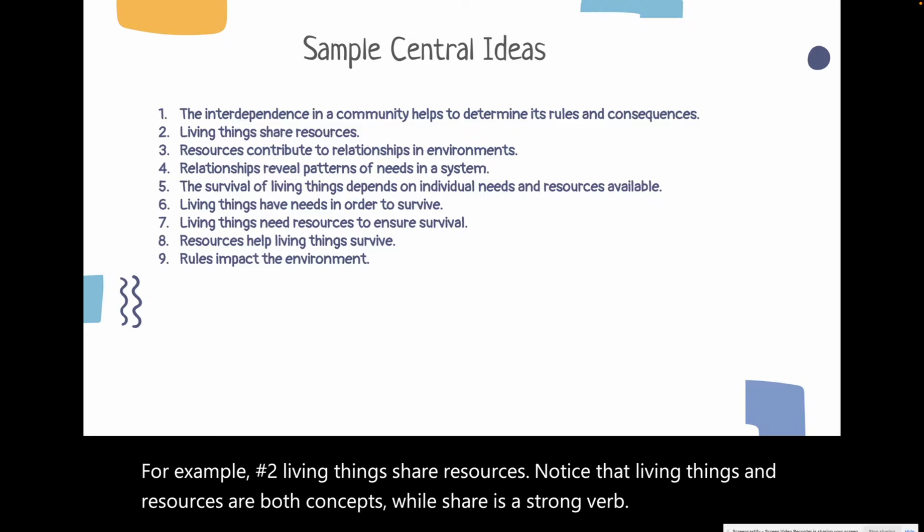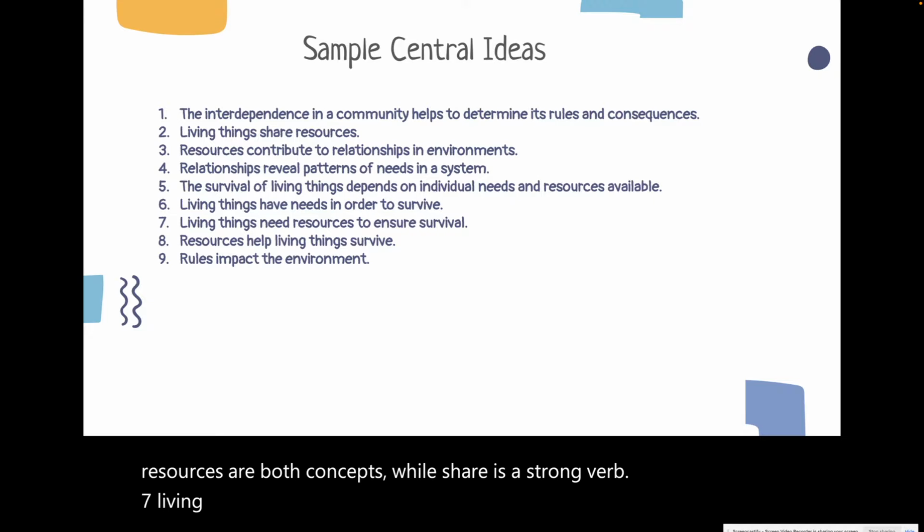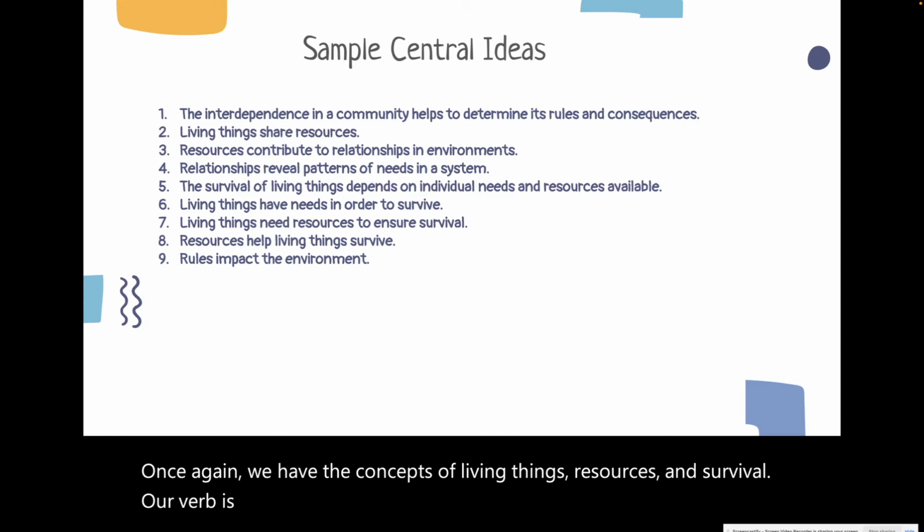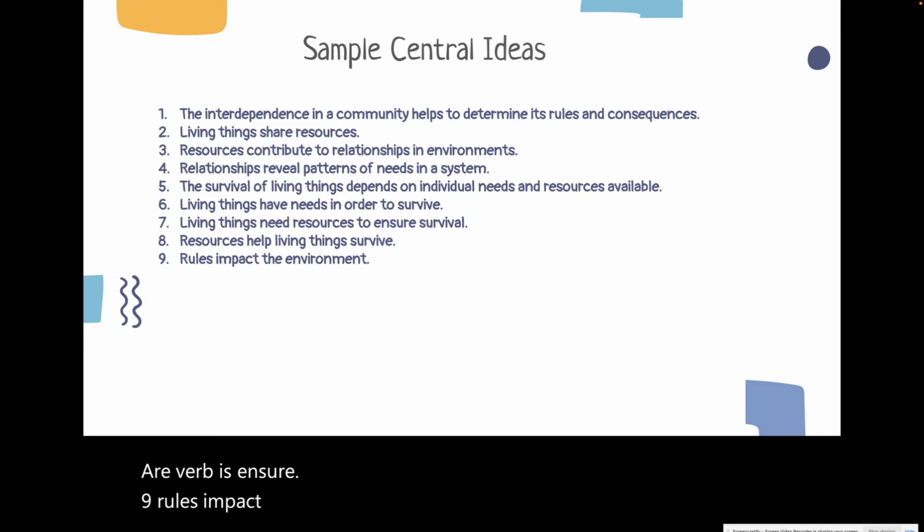Number 7, living things need resources to ensure survival. Once again, we have the concepts of living things, resources, and survival. Our verb is ensure. Number 9, rules impact the environment. Here we have the concepts of rules and environment and the verb impact.